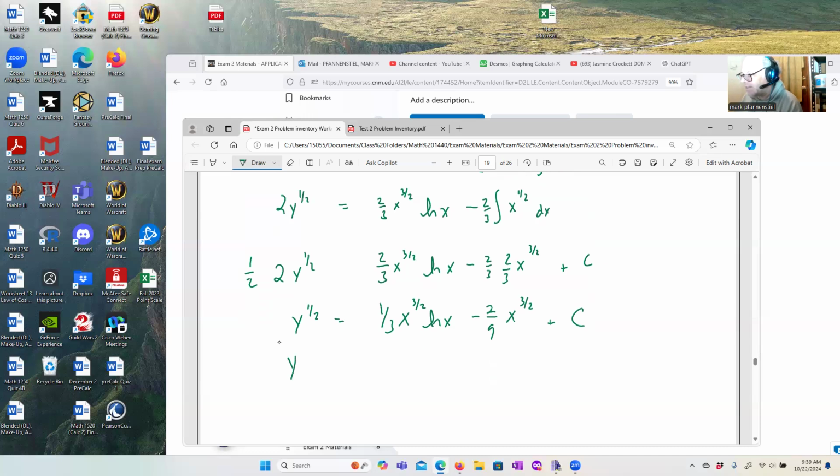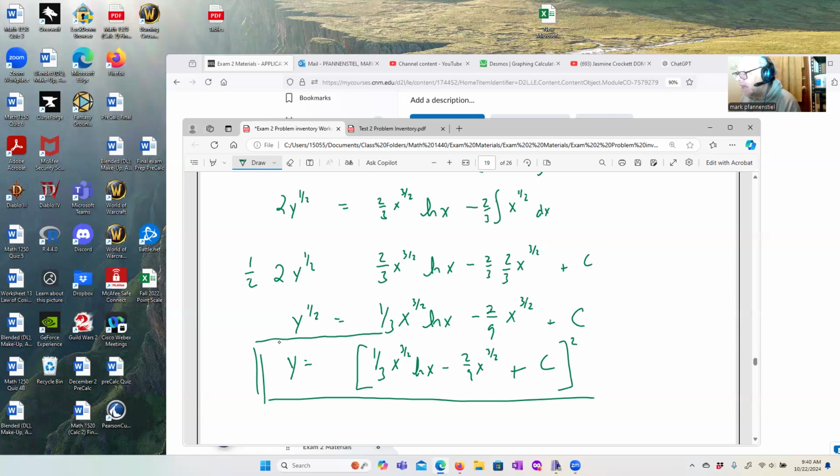And this time we'll go ahead and say y is equal to 1/3 x to the 3/2 ln of x minus 2/9 x to the 3/2 plus c, all squared. And that would be our answer for this guy right here.